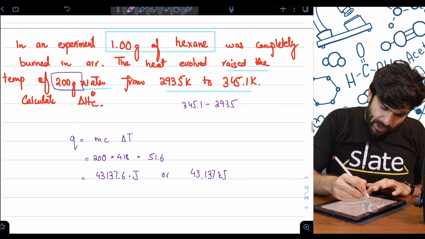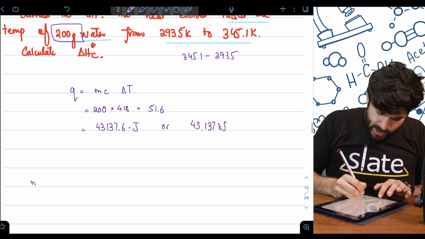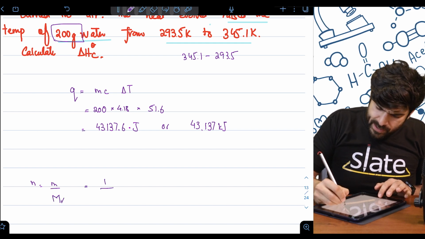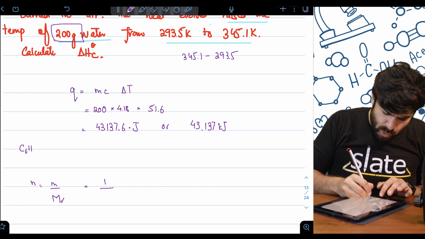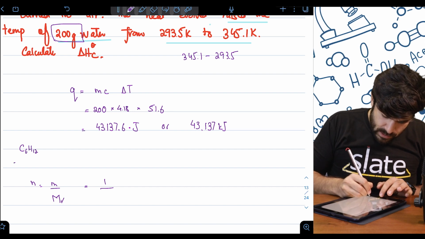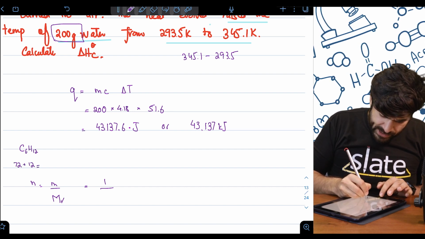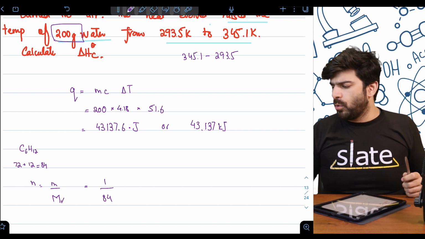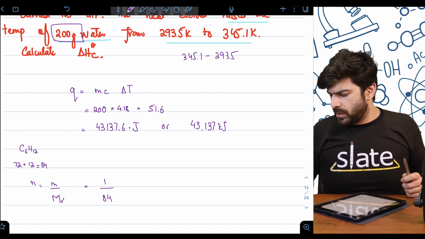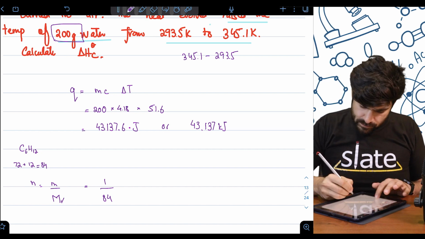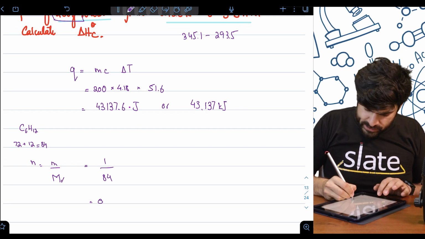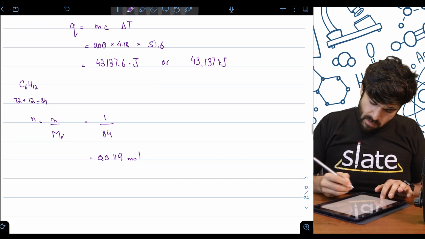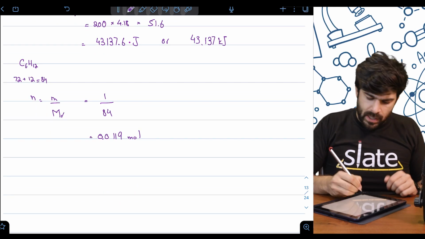Similarly, we need to find out the moles of hexane. So N equals mass over MR. 1 divided by hexane, C6H12. So 72 plus 12, 84. To find out the moles, we divide 1 by 84. 0.0119 moles.